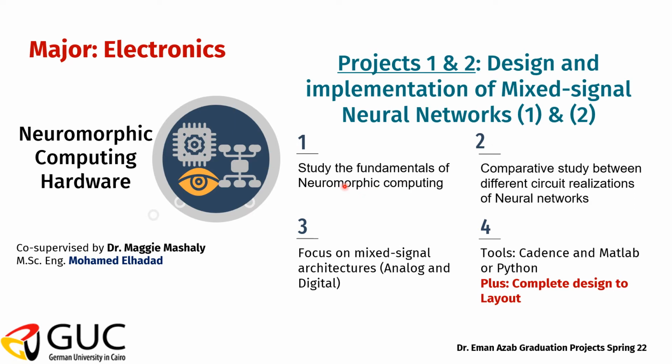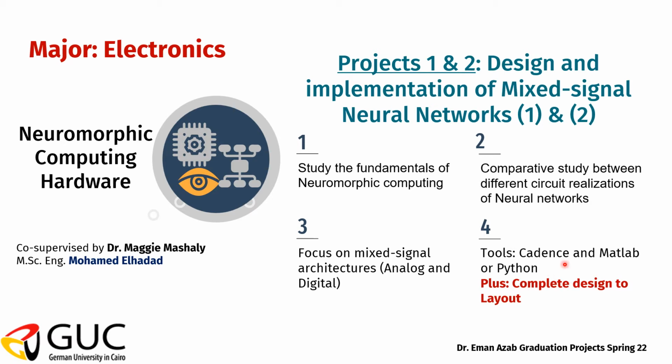In this project, we're going to do the following. At the beginning, we're going to study the fundamentals of neuromorphic computing. Then we're going to move to a comparative study between different circuit realizations of neural networks. These two topics are focused on mixed signal architectures, which means that we're going to use analog and digital circuit knowledge to implement this project, and the tools needed are Cadence and MATLAB or Python.